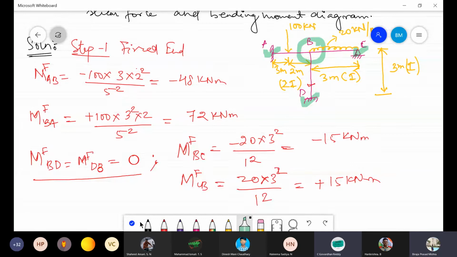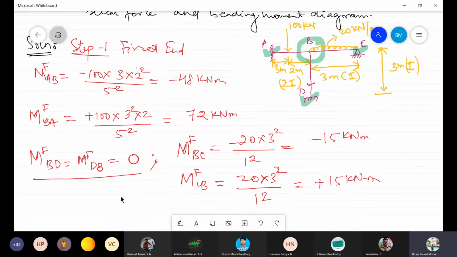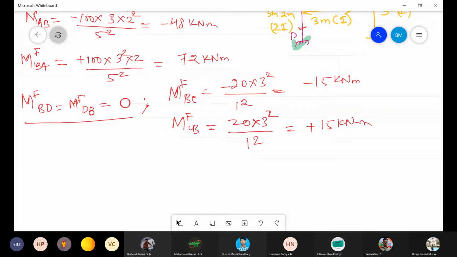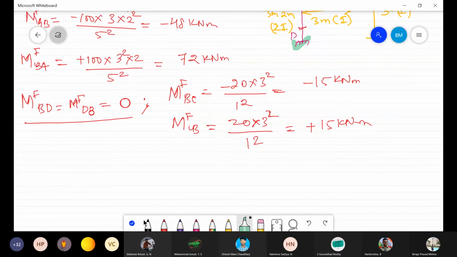So let me take step 2, distribution factors.